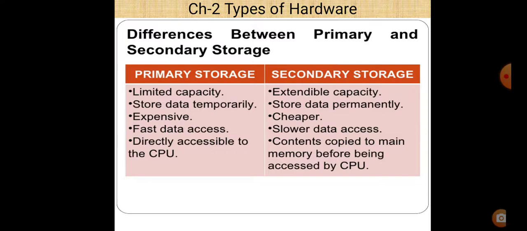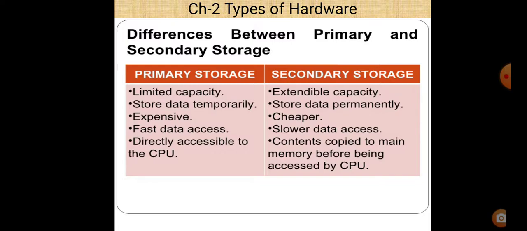When we talk about primary storage, basically we mean RAM, random access memory, and when we talk about secondary storage in our computer system, it means hard disk. So first of all, data goes from hard disk to RAM and then it is transferred from RAM to the CPU.